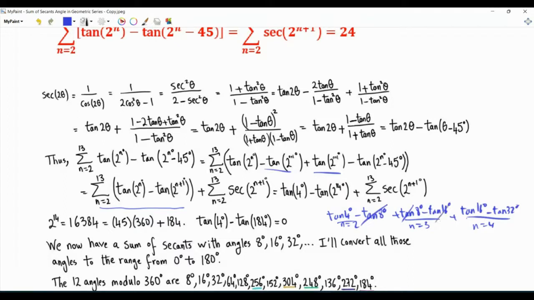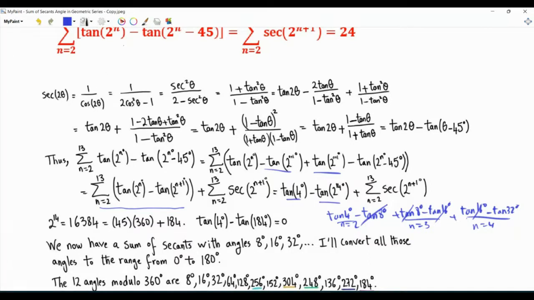So this will cancel with this, and so on. We end up with tan 4 degrees minus tan 2 to the 13 plus 1, or 2 to the 14 degrees. And now these two values are exactly the same, so this summation here is equal to 0.